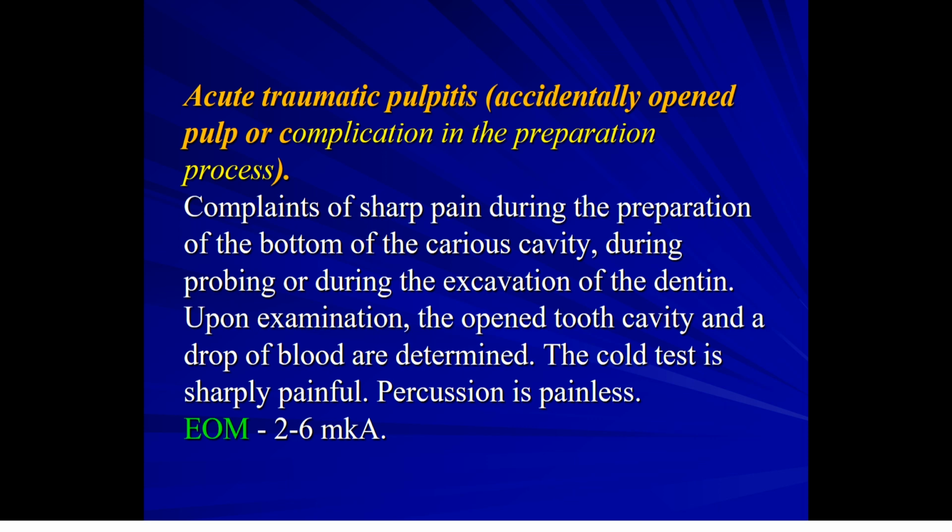And just a little information about acute traumatic pulpitis. It occurs if the pulp is accidentally opened or as a complication in the preparation process. The patient has complaints of sharp pain during the preparation of the bottom of the carious cavity, during probing or during the excavating of the dentin.